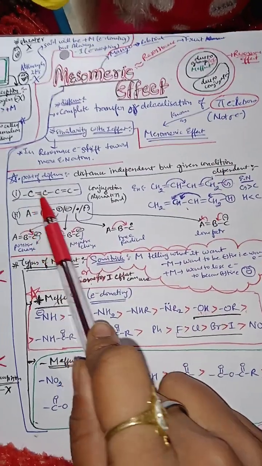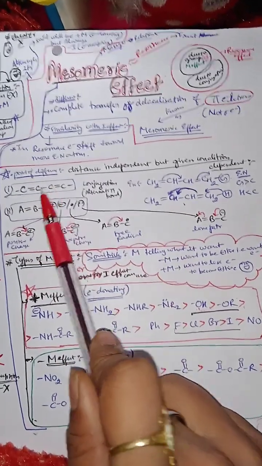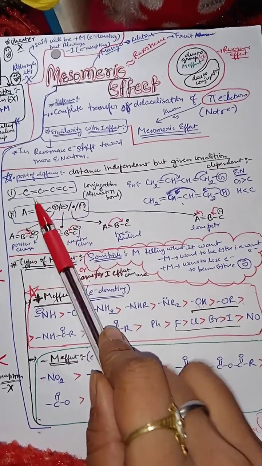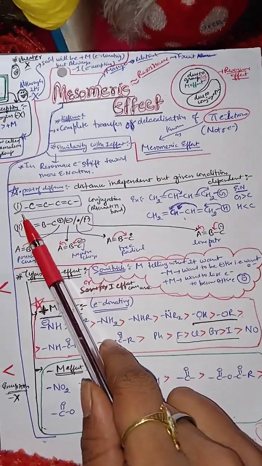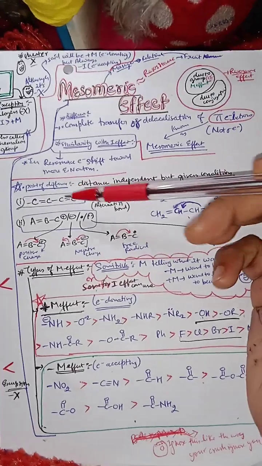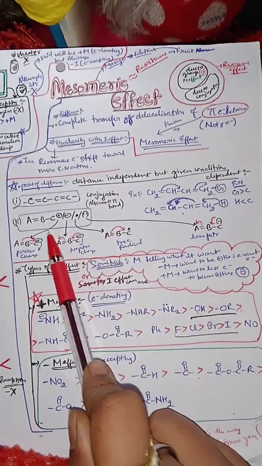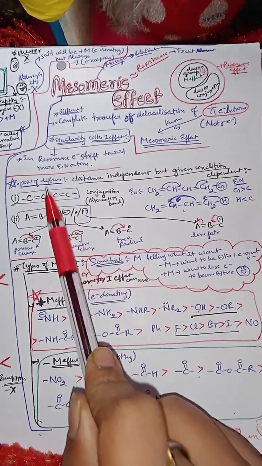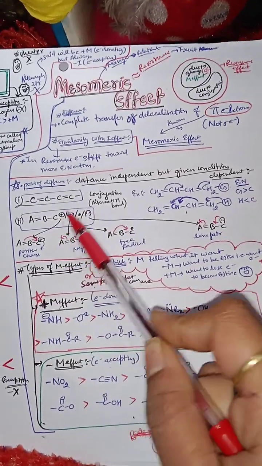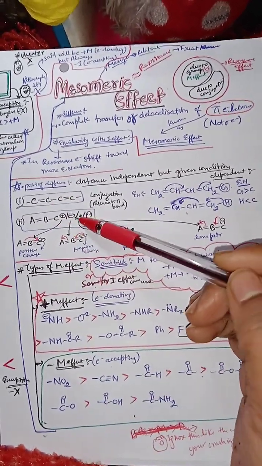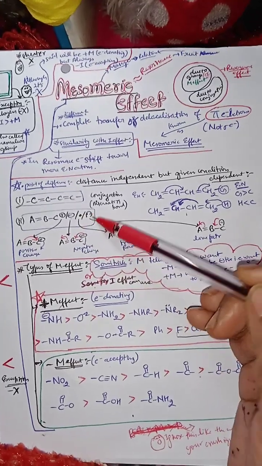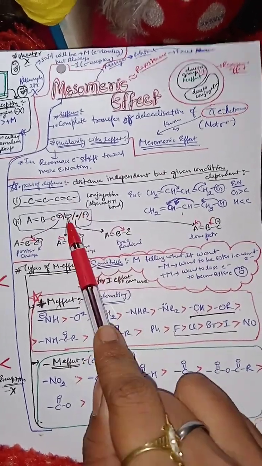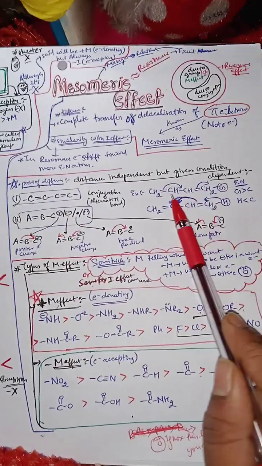The first is alternate double pi bonds, and the second is one pi bond, and here there can be a carbocation or a negative charge or a free radical or a lone pair. Any of these can be present here and show resonance like this.